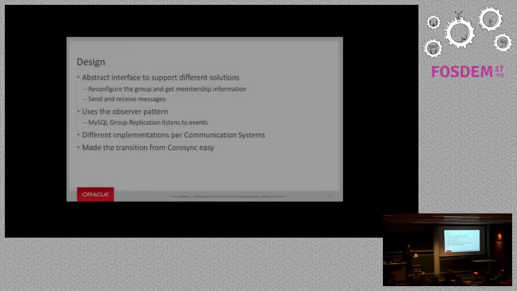This thin API that sits between the core of the group communication implementation and the message bus was really important to make this transition easier. So in the beginning there was Corosync, but we decided to move to our in-house implementation, and I will talk a little bit about it.